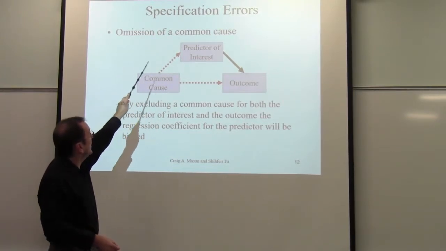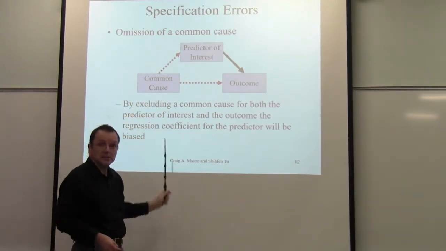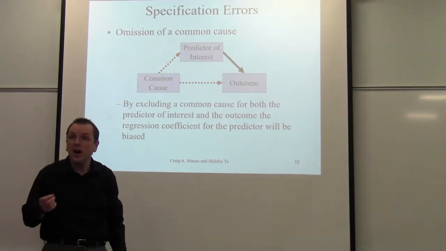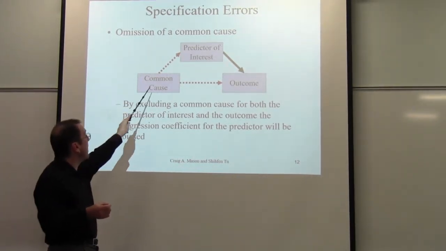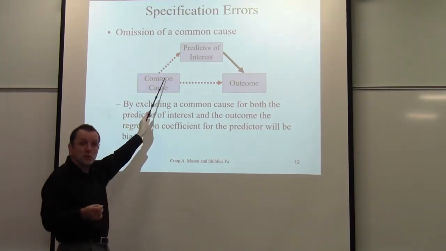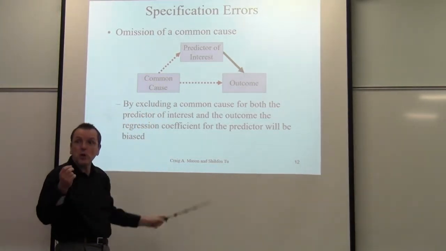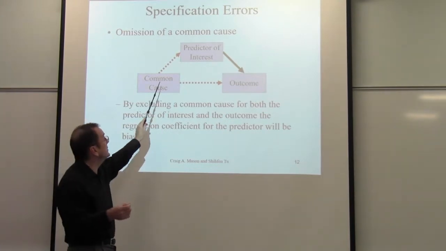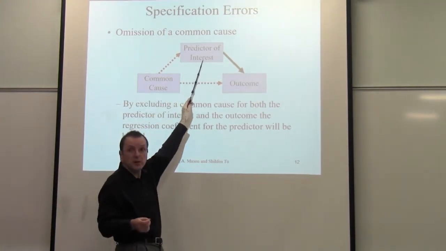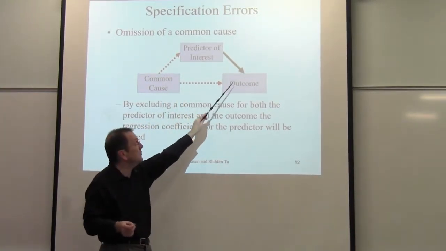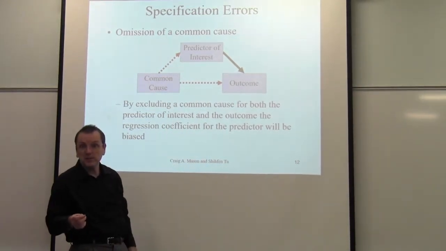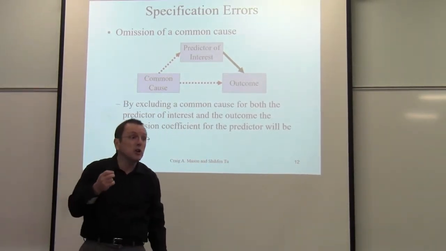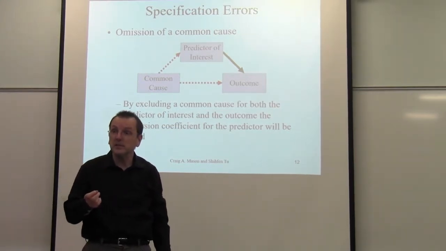Keith does talk a lot about the issue of common causes, the importance of including common causes. And we've previously talked about this. You need to include the common cause. If there's a variable that influences your predictor of interest and also influences the outcome, if you don't include it, your regression coefficient is going to be biased.